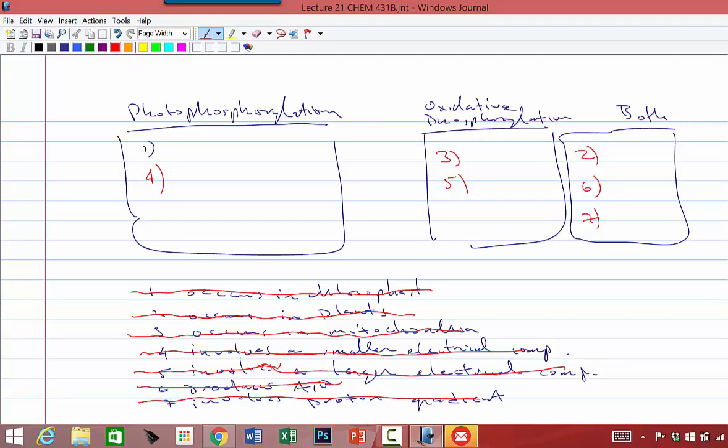And remember, the cyclic one occurs when you have sufficient amounts of ATP, sufficient amounts of NADH, but now you want to make ATP. We didn't talk about the dark reactions. And the dark reactions are those reactions that lead to the incorporation of CO2 into sugar. And basically, you're going to reduce the CO2, and you're going to actually create glucose from this. Okay? So we'll talk about the dark reactions now.